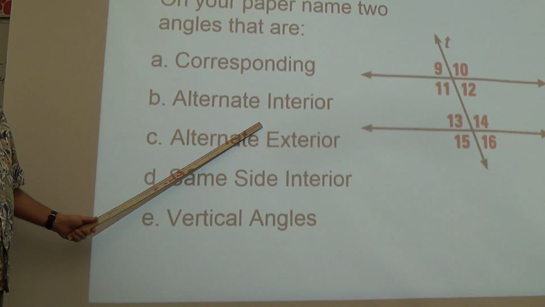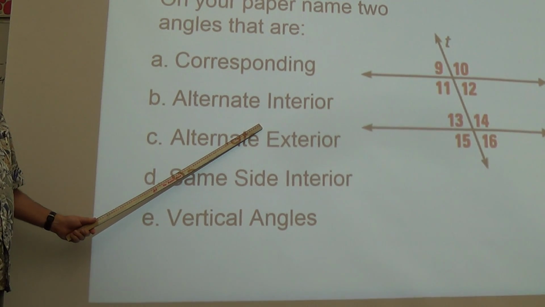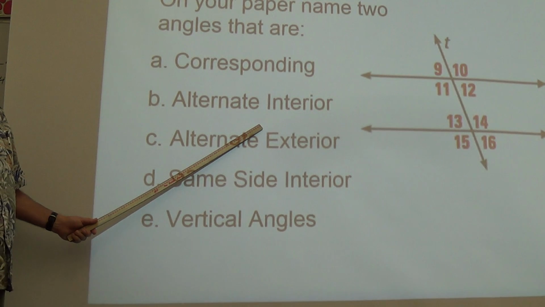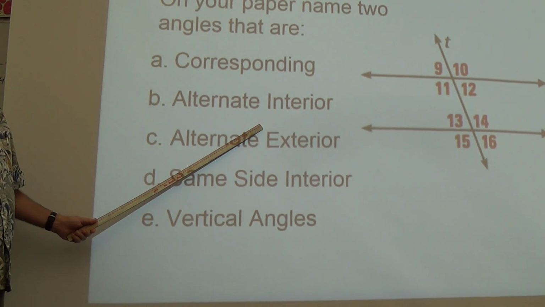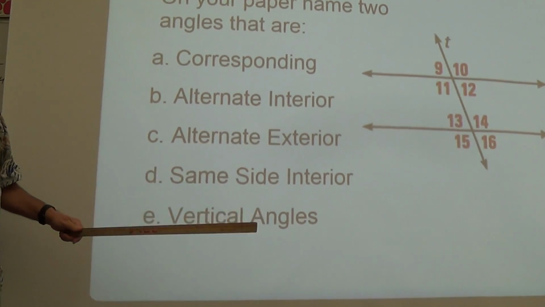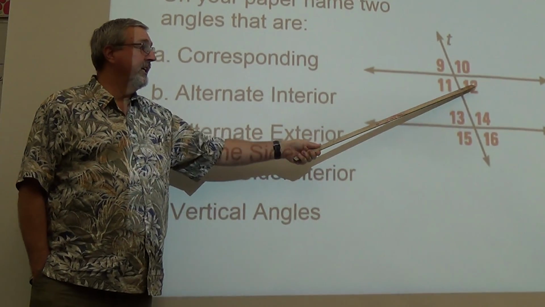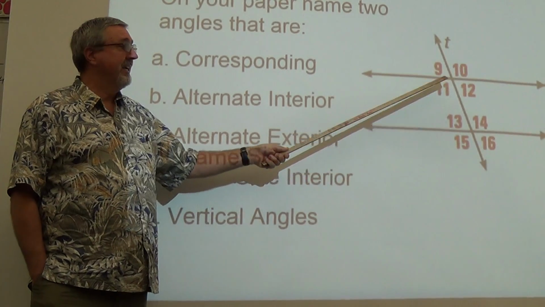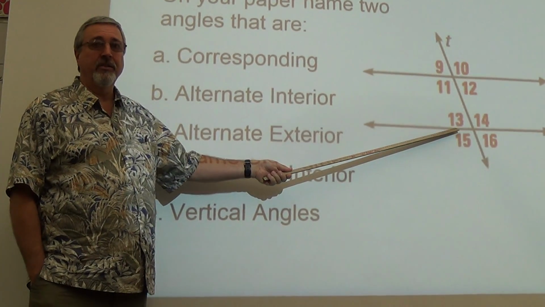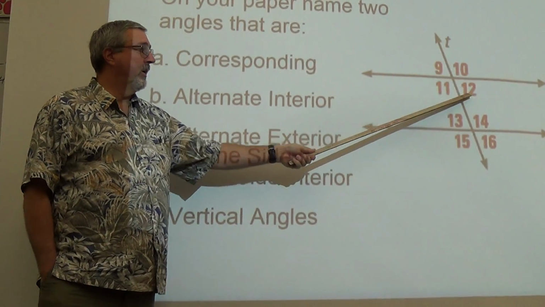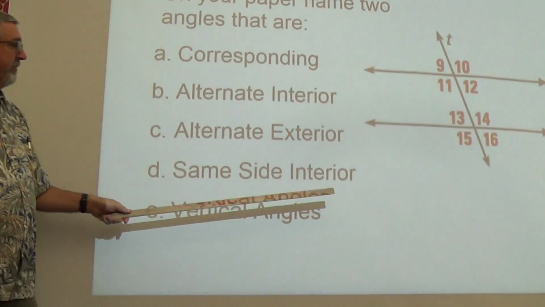Would it be like 12 and 15? 12 and 13 was one. Then 11 and 14 would be the other. Okay. Alternate interior, alternate sides of the transversal, inside the parallel lines. Okay. So 12 and 13, 11 and 14.